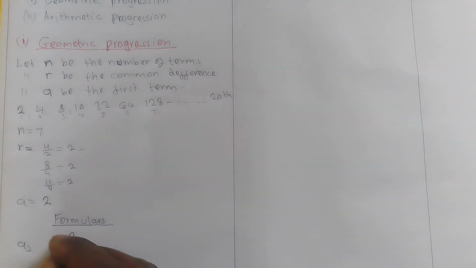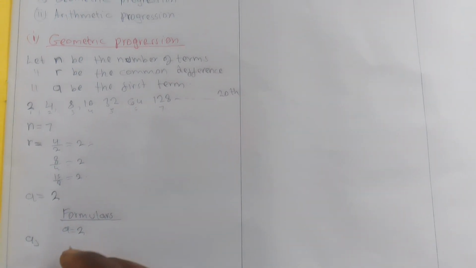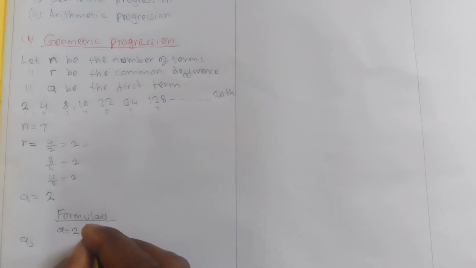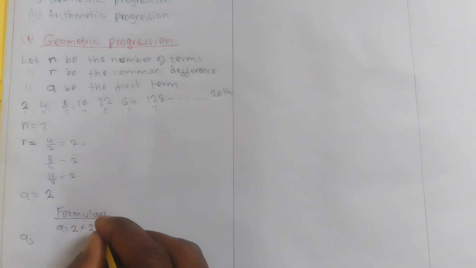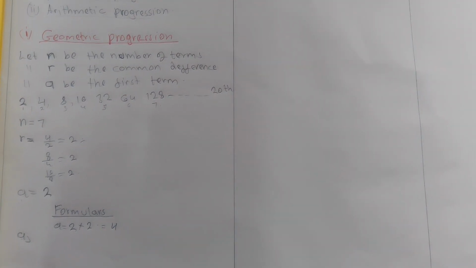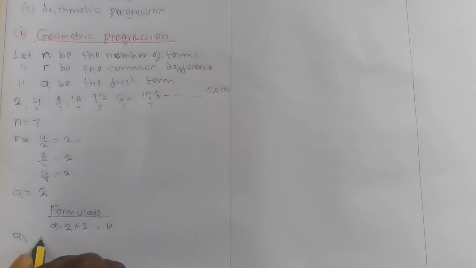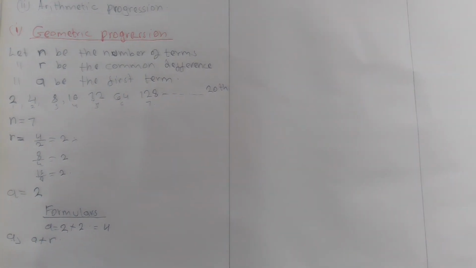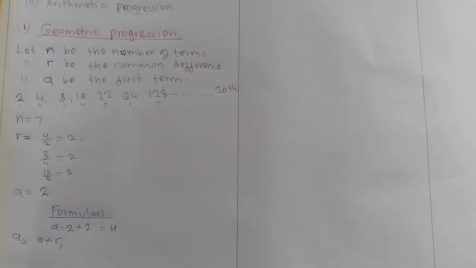The first term, a, is equal to 2, multiplied by the common ratio, which is 2. So that will give you 4. So the first term is a. The second term is a multiplied by r.